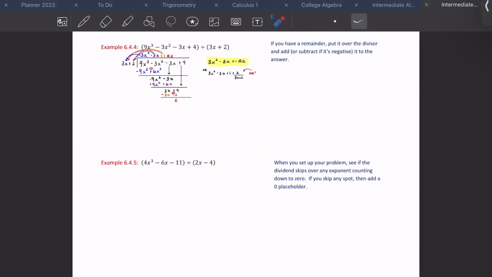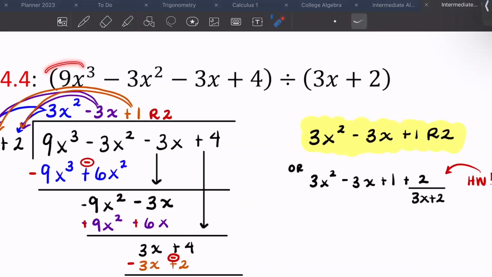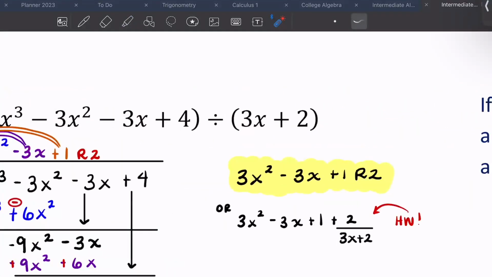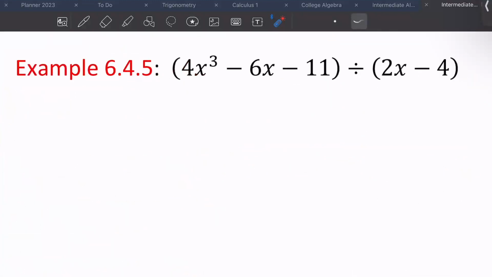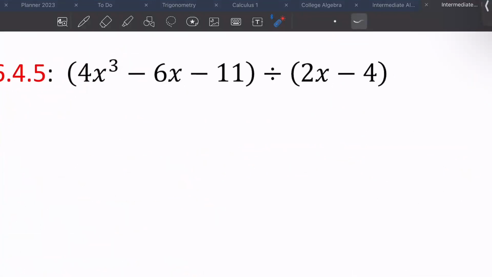So all the other ones, okay, look at this one. 3, 2, 1, 0. It didn't skip anything, right? This one goes 3, 1, 0. It skipped 2, right? So when we set this up, we need to account for that. And we need to say 4x cubed.